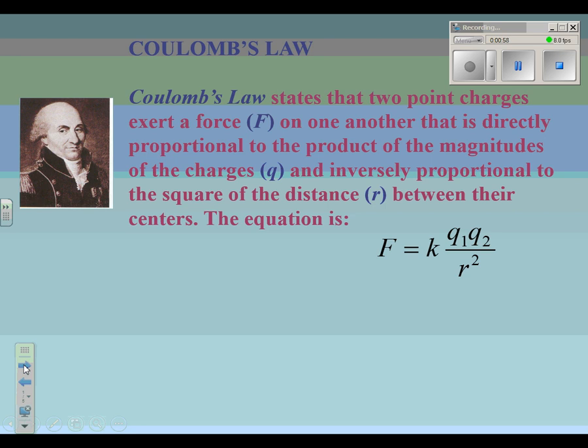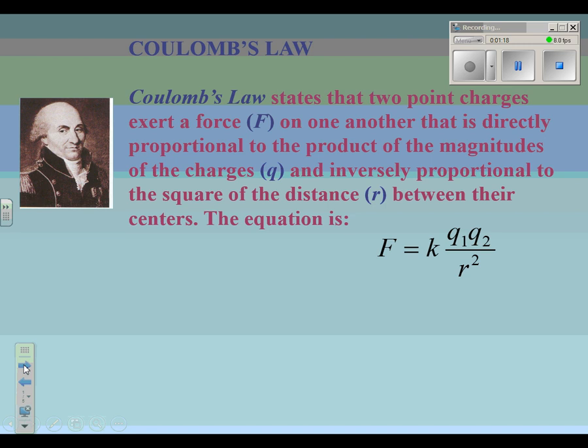This should look very, very similar to our F equals G M1 M2 over R squared formula. That's because they are very similar formulas, but instead of talking about masses, we're now talking about small particles like electrons.